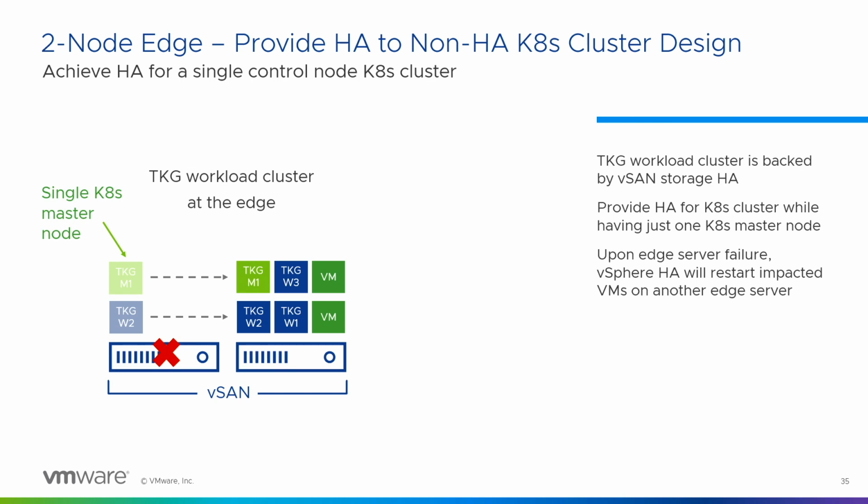So etcd is a database used in Kubernetes, and it requires 3 nodes minimum for quorum purposes. And so if you were deploying your clusters on the 2-node cluster, you would want to deploy it with a single master node, control plane node, and then 2 or however many workload VMs you need to deploy.